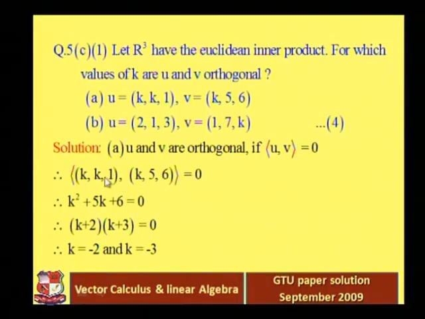So the dot product of these two vectors is k square plus 5k plus 6, that is equal to 0. Factorizing this equation, we get k plus 2 into k plus 3 equal to 0. So we get k is equal to minus 2 and k is equal to minus 3.